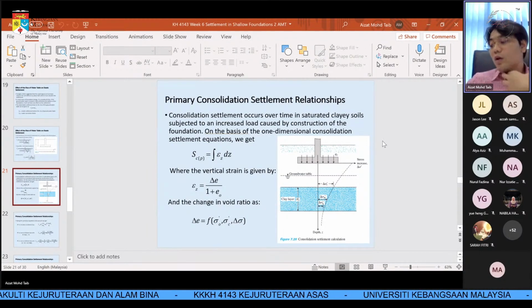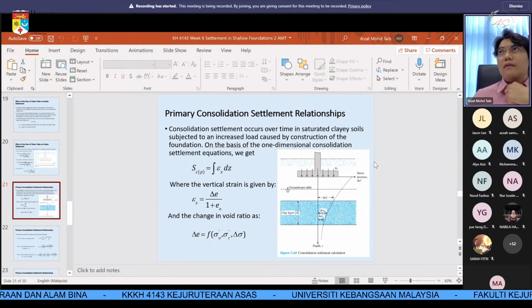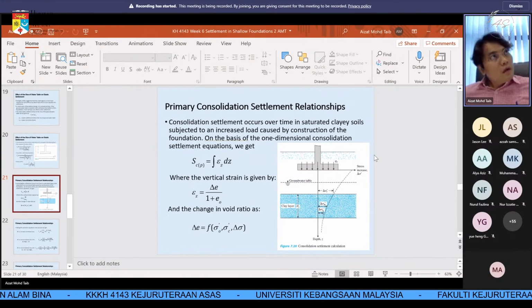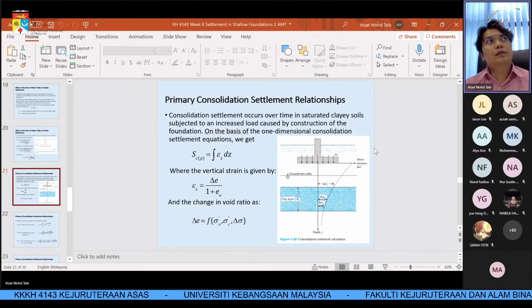So awak semua tahu when we have consolidation, it's when we have final soil material, okay, can be related to clay.